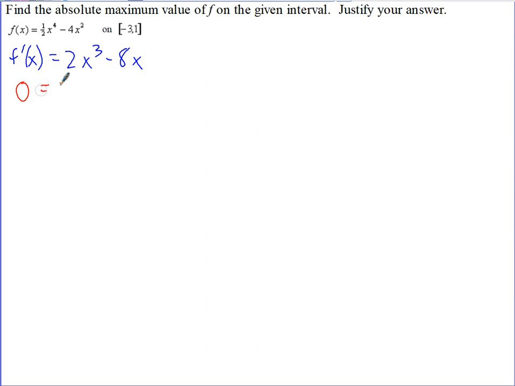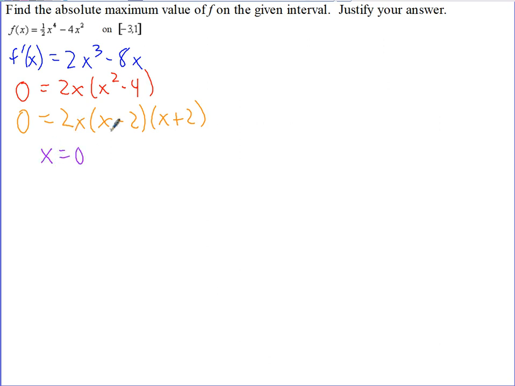You can factor out 2x, and that factors further. Squares. So our critical numbers here: from the 2x, we get 0. From the x minus 2, you get 2. And from the x plus 2, you get -2.